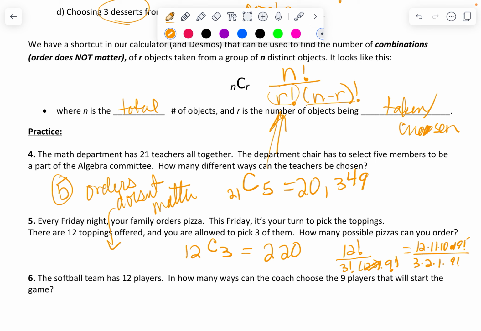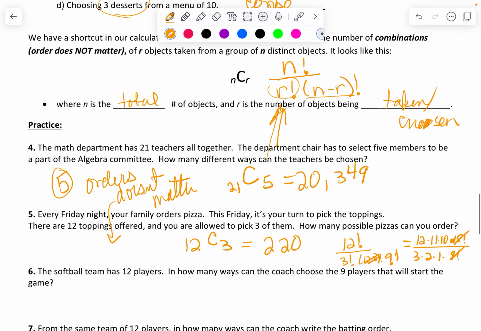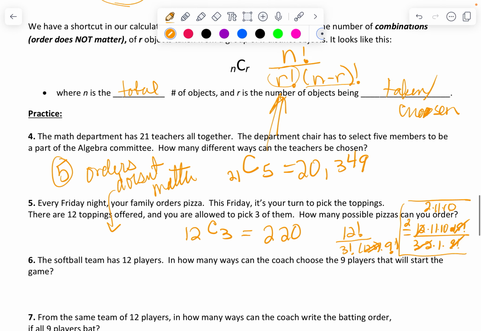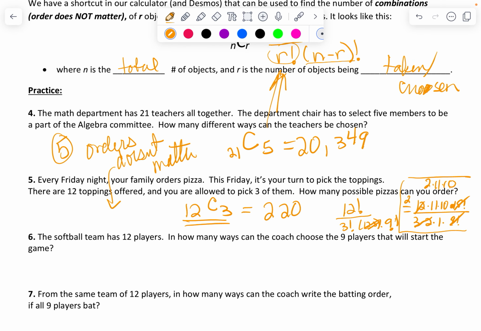I leave the 9 factorial because those 2 would cancel out the rest of the way. And then you could reduce. See, this is a huge pain. Why would you do this? This is 6 with 12. That would leave 2. So you would have 2 times 11 times 10. Blech. We don't want to do that by hand, but you would get 220. Use this button in your calculator.